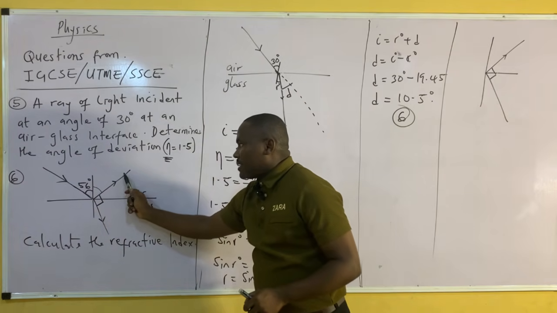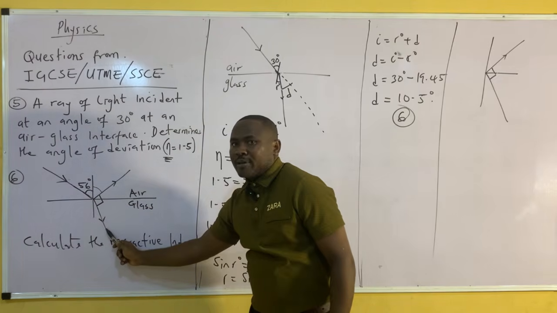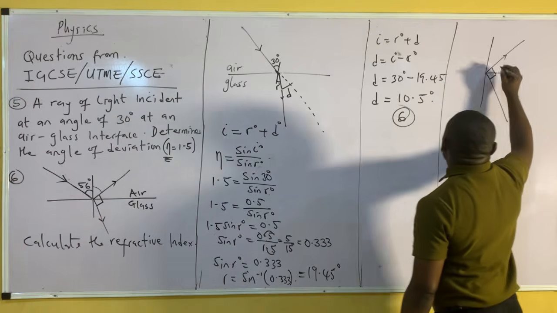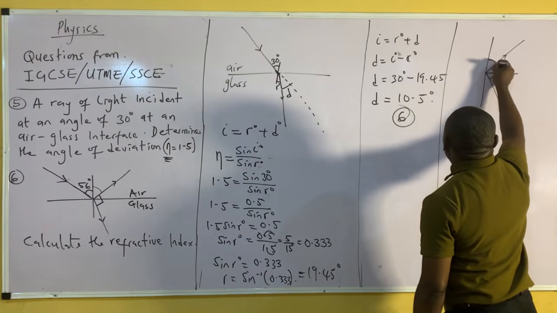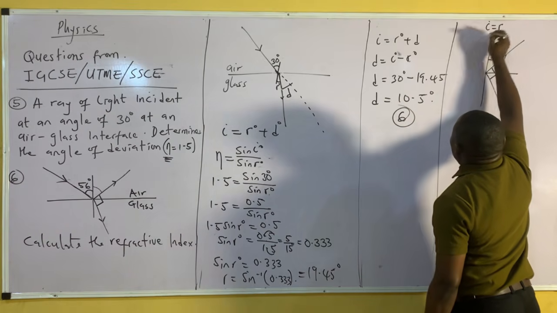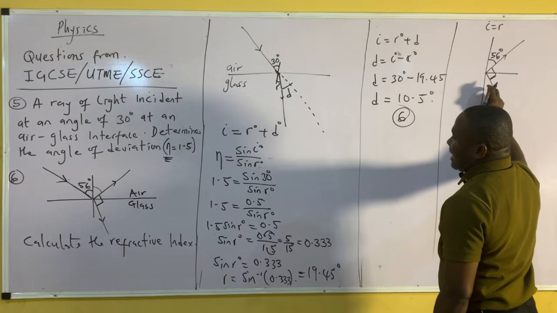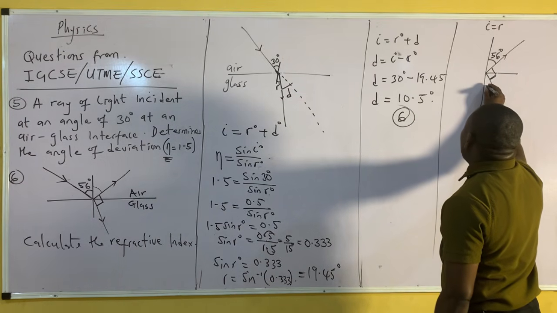So this is a reflected ray. This is an incident ray, while this is a refracted ray. So I can tell you for free that this place will be 56 because i equals r from the law of reflection. Then if here is 90, I can find here, which is my unknown.